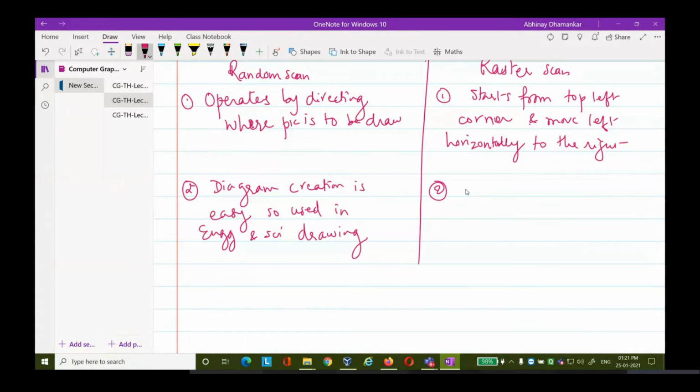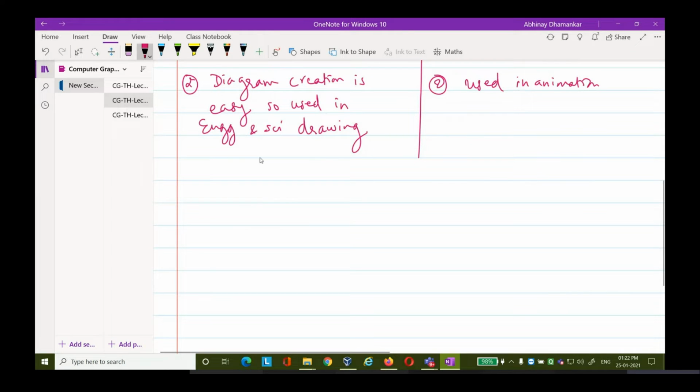And here, raster scan is used in animation. Next discussion will be on the third point.